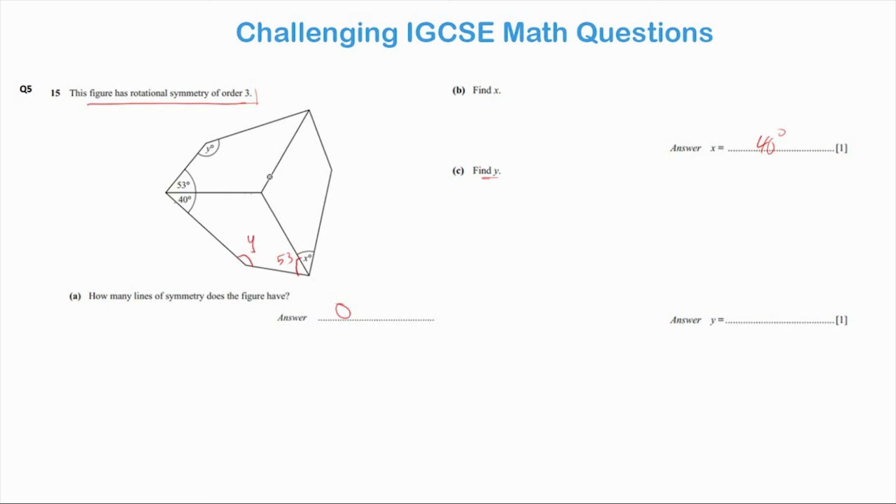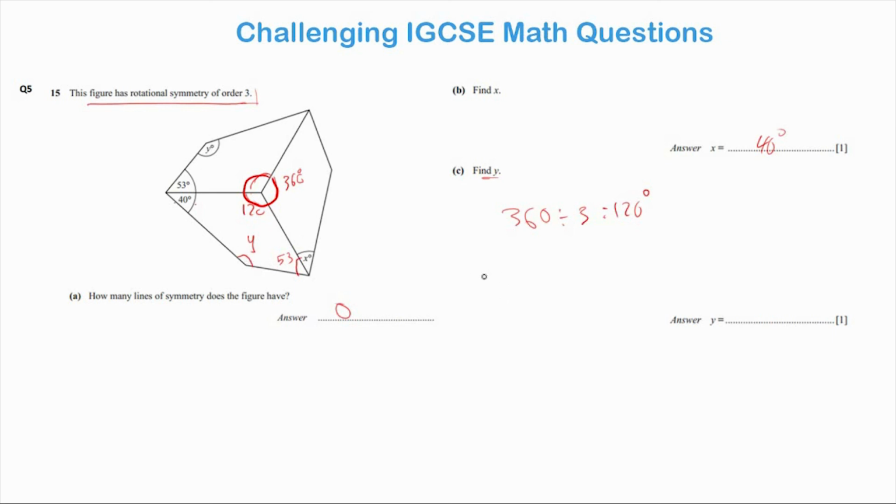And here this is of course 360 degrees. We have three angles, so we divide by 3. Since it has a rotational symmetry of order 3, it is symmetrical, so these angles should be equal. So this angle is equal to 360 divided by 3, which is equal to 120 degrees. So we have this angle as 120, we have this angle as 40, and this angle as 53.